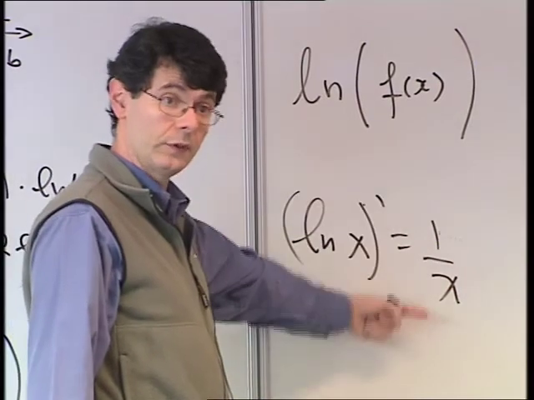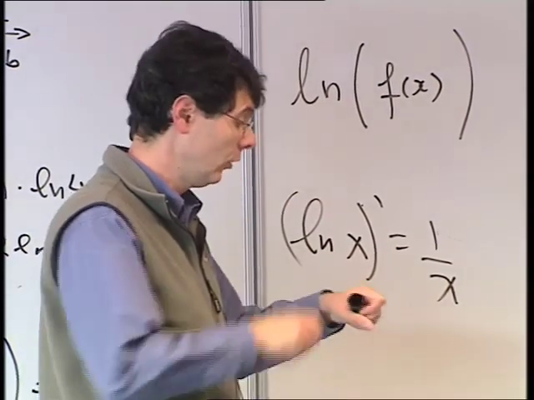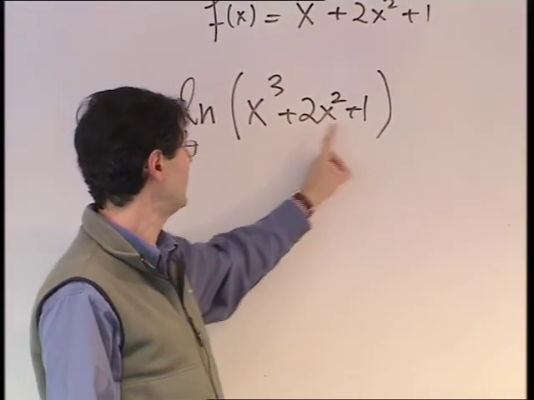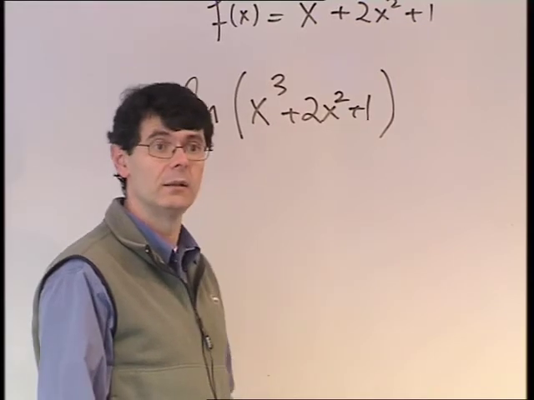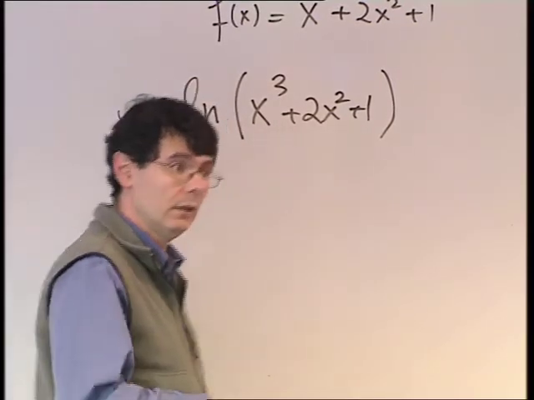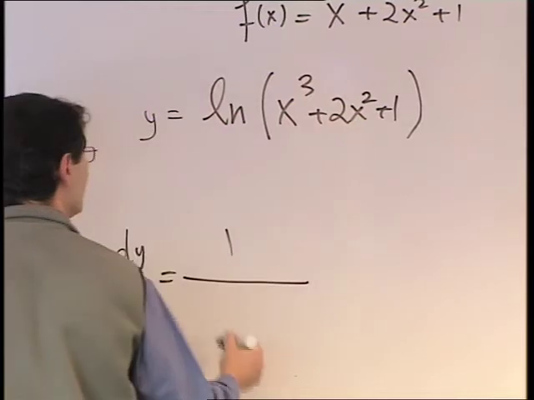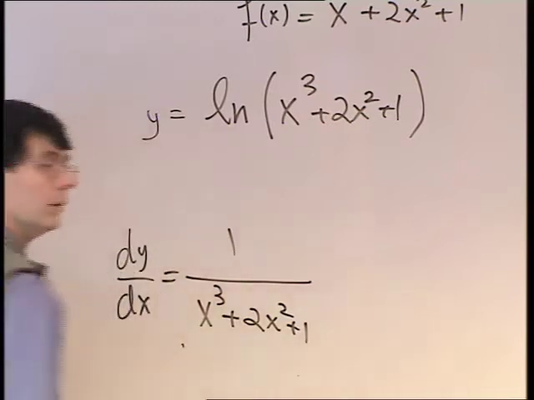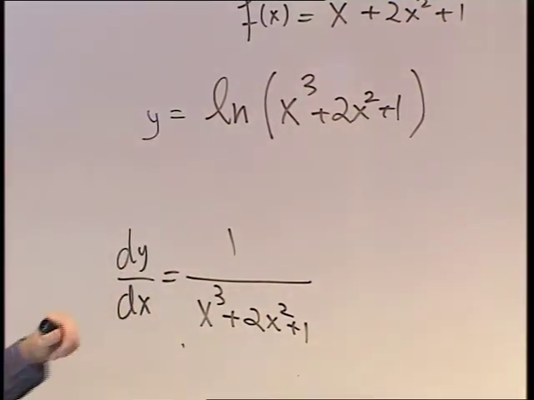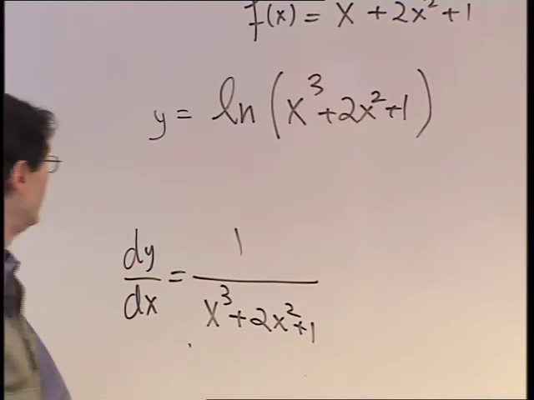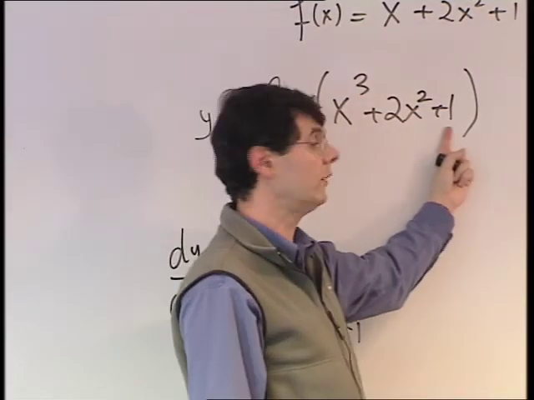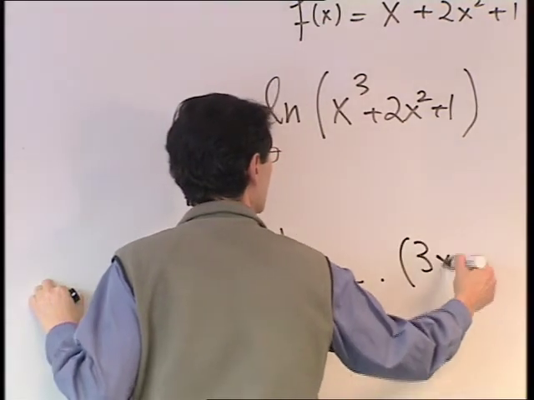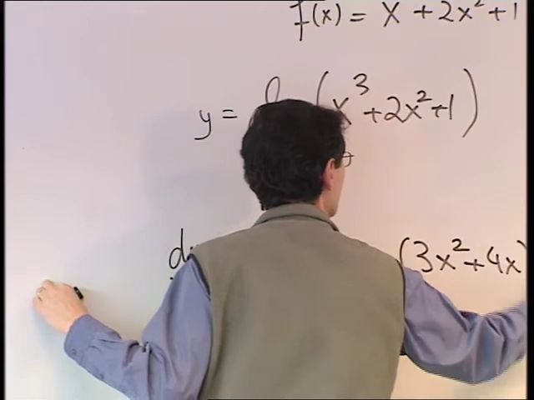Log x gives you the derivative of 1 on x. So what it says is that if you want to take a derivative of a logarithm, you look at the thing that's inside and do 1 divided by that. Okay? So this is 1 divided by x cubed plus 2x squared plus 1. And then, using the chain rule, don't forget to take the derivative of the stuff that was inside. So let's multiply that by 3x squared plus 4x.